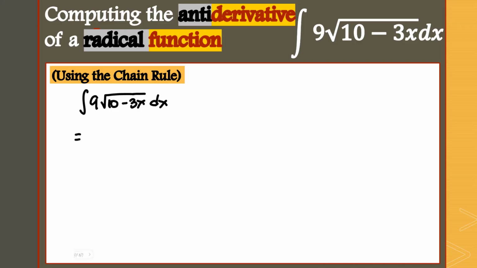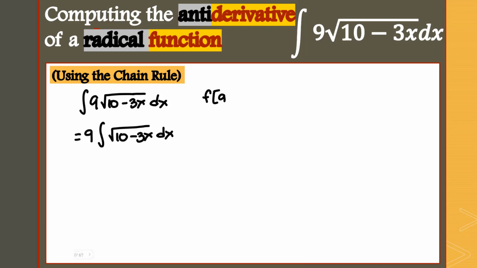Allow me to use the constant multiple rule, moving out 9 because 9 is a constant. Integral of the square root of 10 minus 3x dx. We can see here that the radicand of our radical function is actually another function. Hence, yes, this is a composite function.